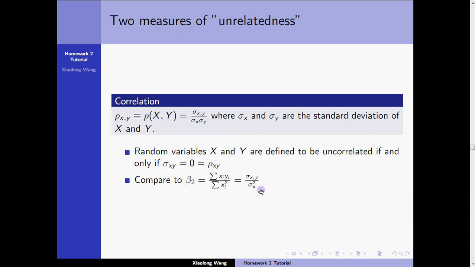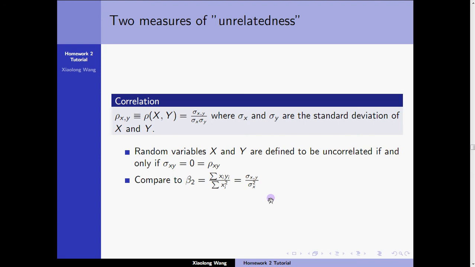And if we compare the coefficient of correlation with the regression coefficient, we see a lot of similarity between them. It's all the covariance of x and y divided by either the standard deviation of x or the product of the standard deviations of x and y. So both of them are measures of the linear relationship between x and y.